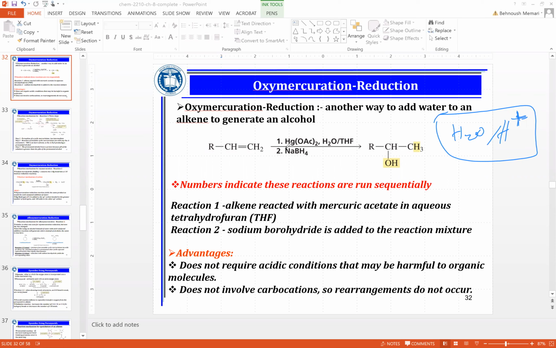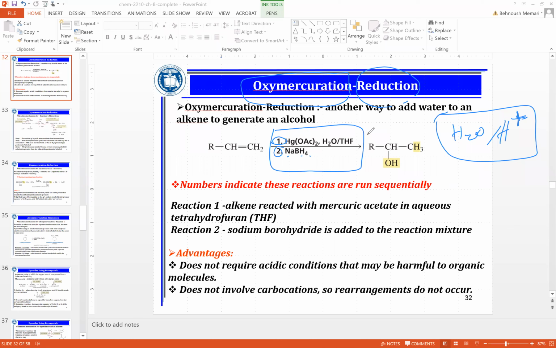So when you make a flashcard for oxymercuration, demercuration, you need to know what the reagents are. These reagents are separated by numbers. And if they're separated by numbers, that means you get one product first, and then you add sodium borohydride. So the reaction is two-step: oxymercuration, and then reduction or demercuration.